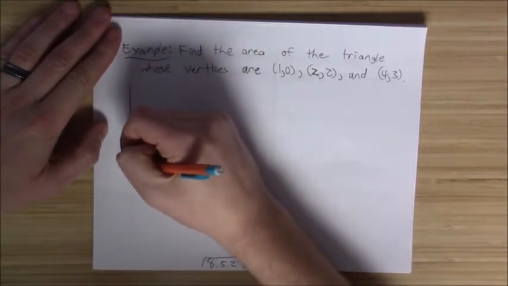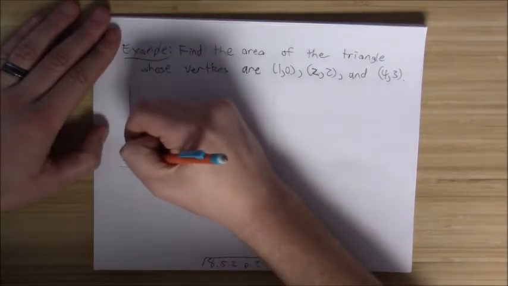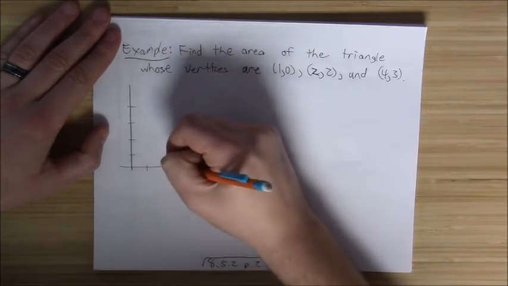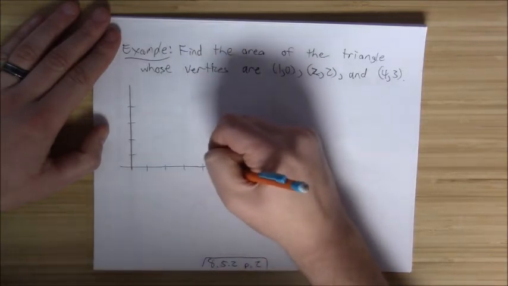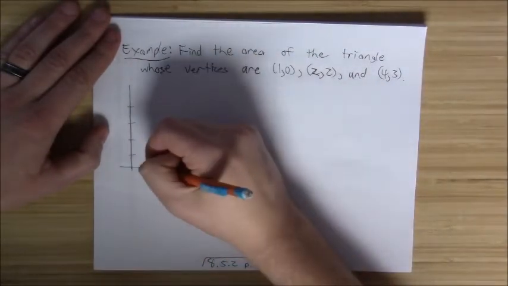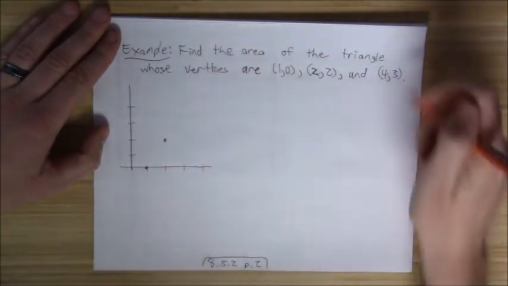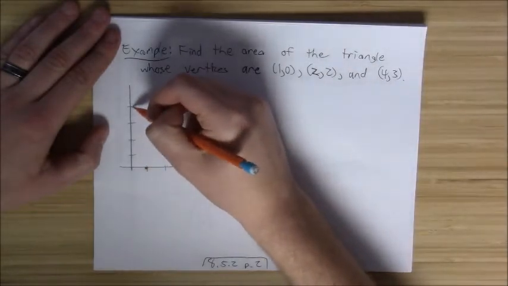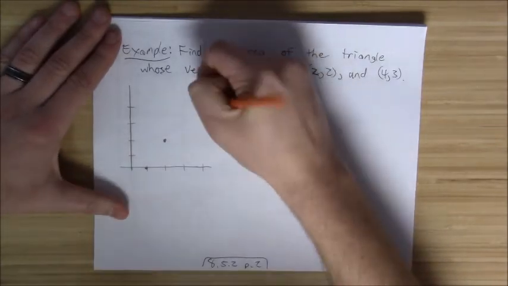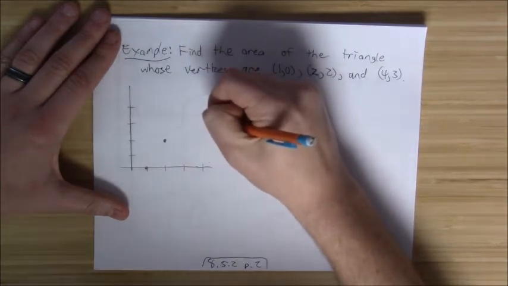To show you how this is useful, let's draw it out. (1, 0) would be right there. (2, 2) would be right there. And then (4, 3) would be there.